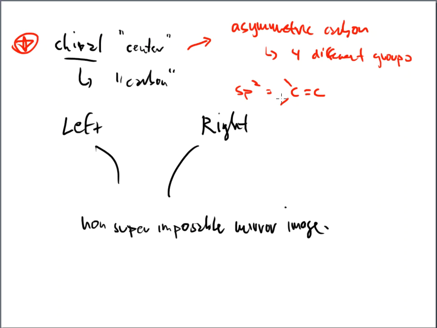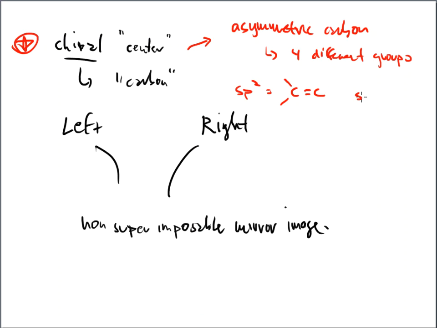It has to be 4 different atoms onto a carbon. Only then do we worry about left hand and right hand. If it doesn't have 4 different groups, it doesn't have a left hand and right hand version. That's how simple this definition is going to be for us in the beginning, and we're really going to keep that definition all the way through.